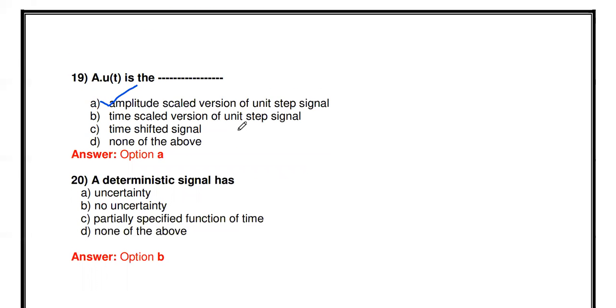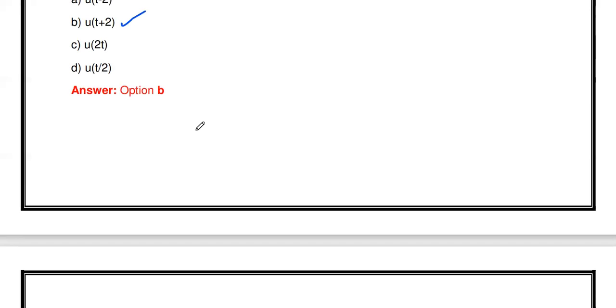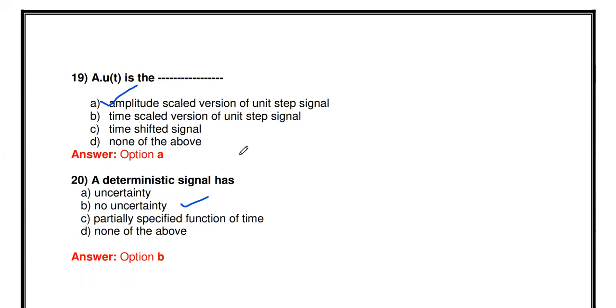A random signal cannot be described by any mathematical expression. So the deterministic signal has no uncertainty. Examples of deterministic signals are all the standard signals we discussed: unit step, impulse function, sinusoidal, rectangular pulse. Noise generated by a source is an example of a random signal.